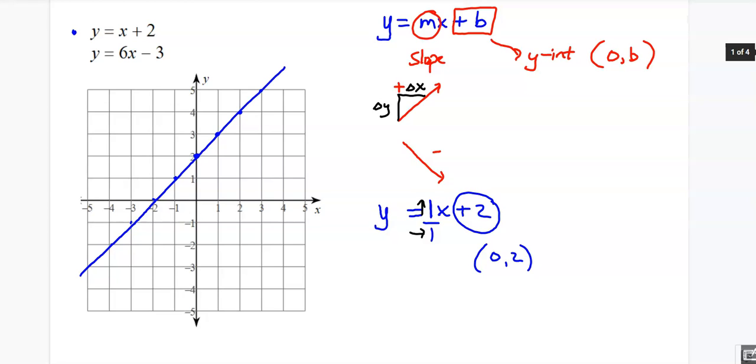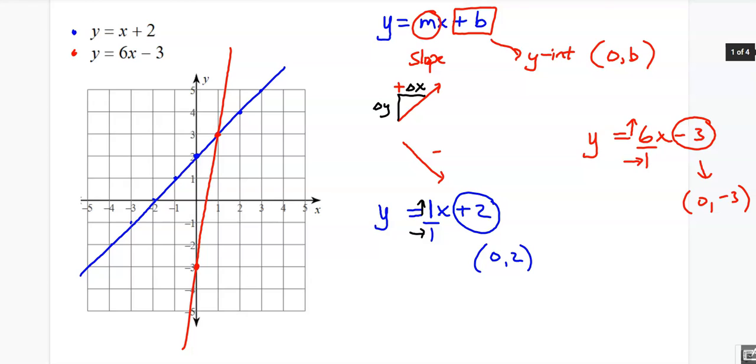Now the next equation, we'll call this the red equation, is y equals 6x minus 3. The first thing I notice is my y-intercept is (0, -3). So I come over here to (0, -3). That's where I cross. Then from that point, I need a slope of 6, which is really 6 over 1. So I go up 6 and 1 over. And it looks like we have something like this going on.